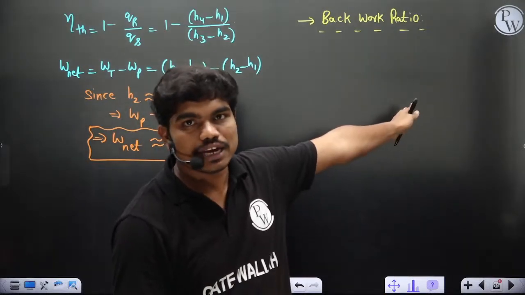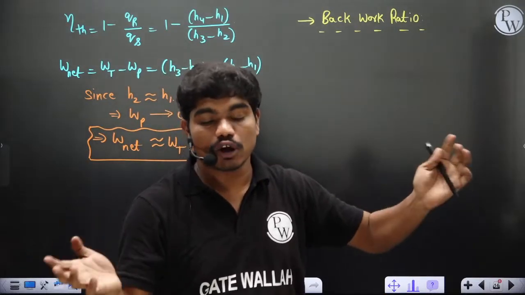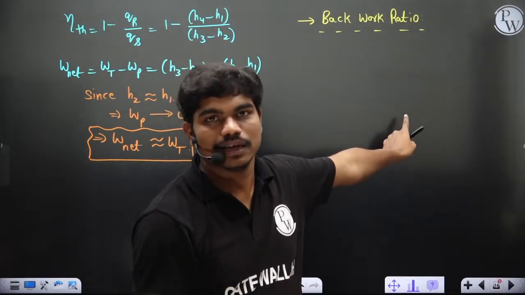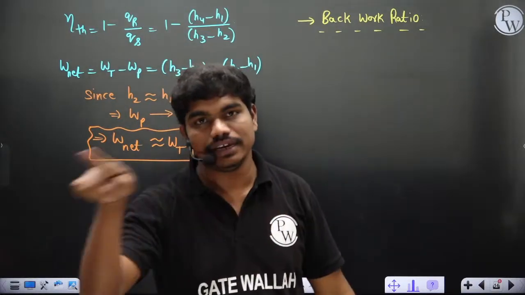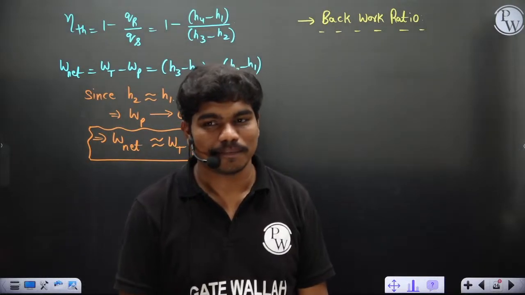Normally this value, if it's more than 0.5 or 0.6, it's not a perfect combination of turbine and compressor. But this value is 100% in one case. Can anyone tell me, all the work generated by the turbine will be utilized by the compressor in one case? Anyone?